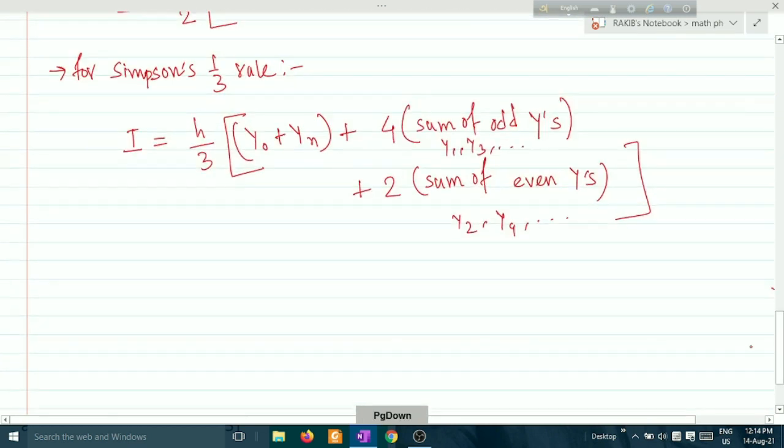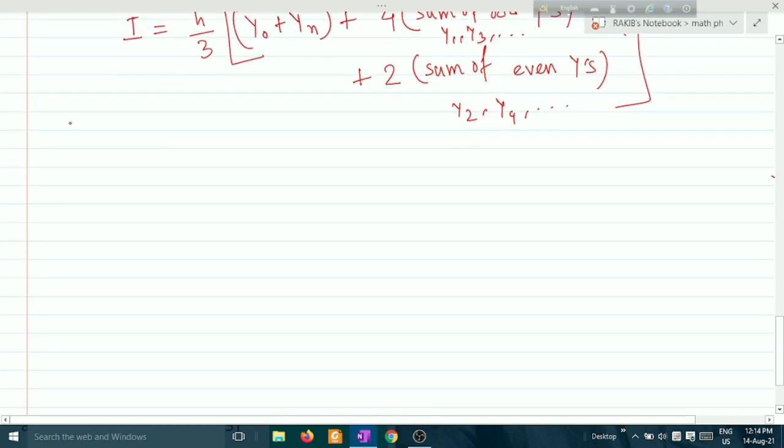Now going to the next, Simpson's 3/8 rule.